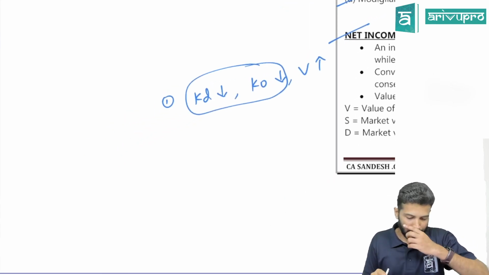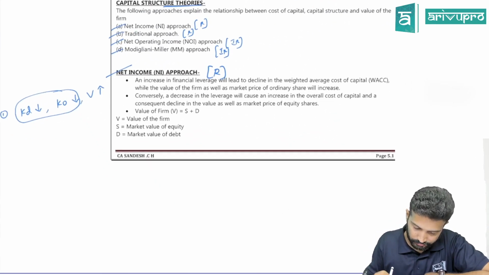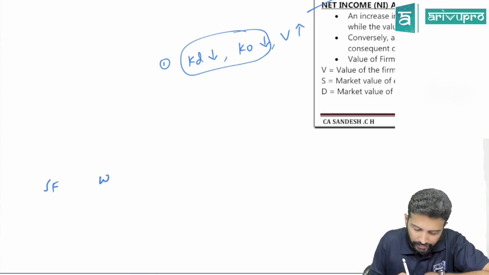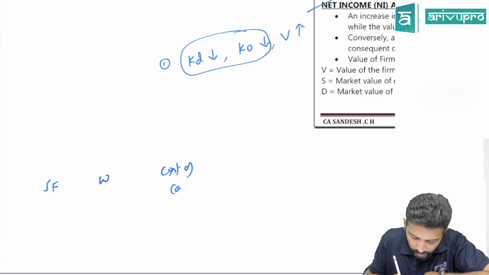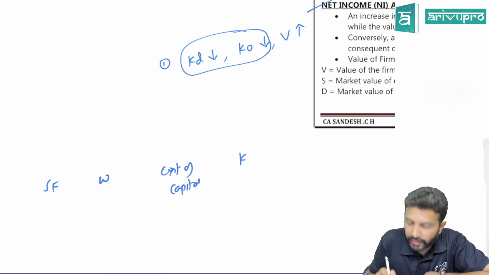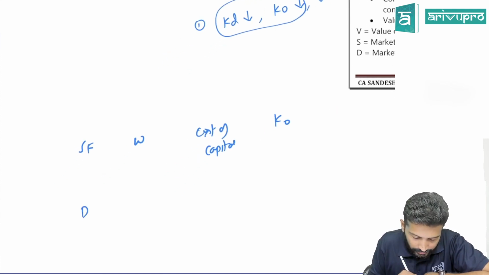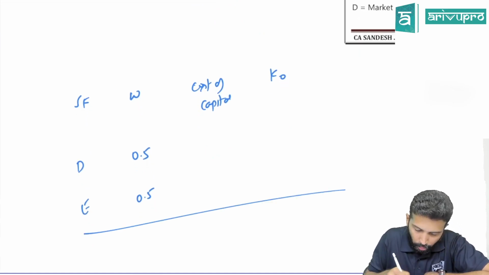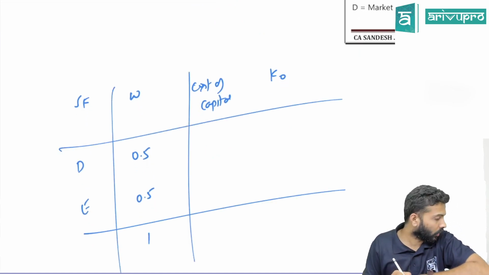Let's calculate. Source of finance, amount, I'll directly write weight, and then cost of capital, and then we write Ko. I'll take debt and equity. Let's say the weight of debt was 0.5, the weight of equity also was 0.5, so the total weight will be 1.